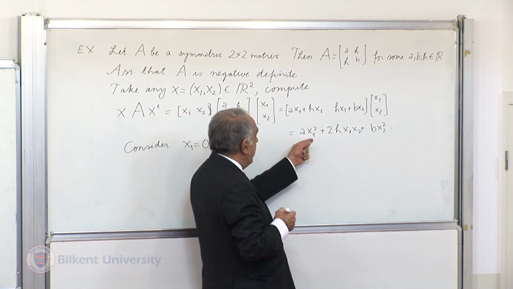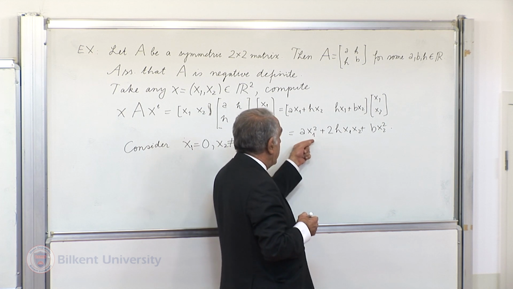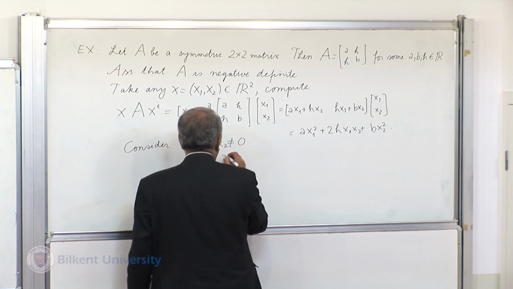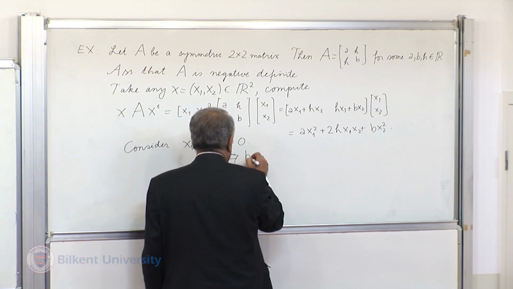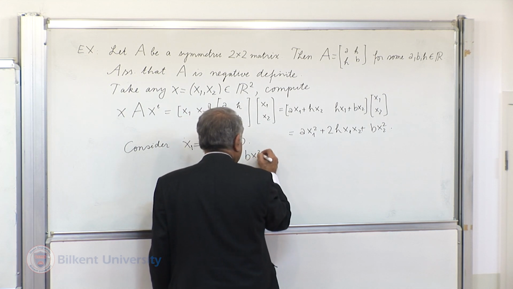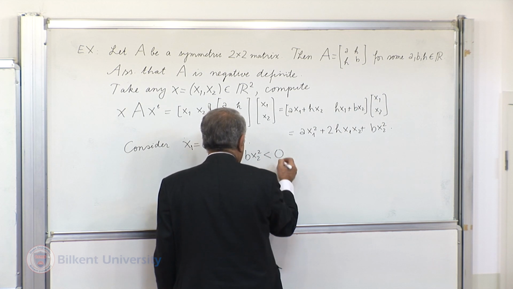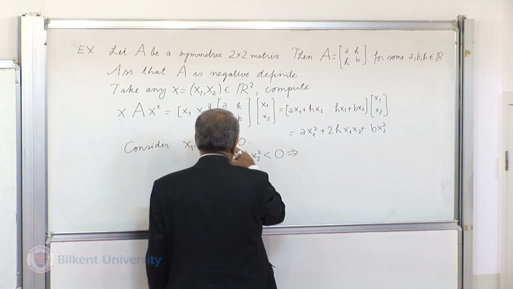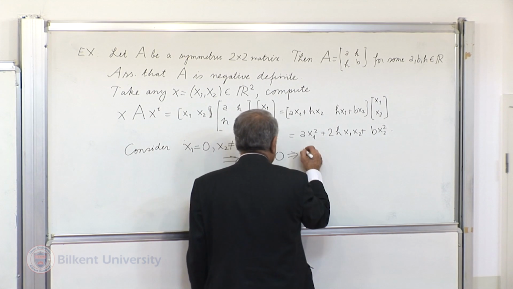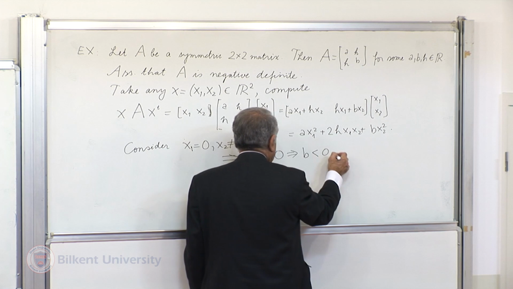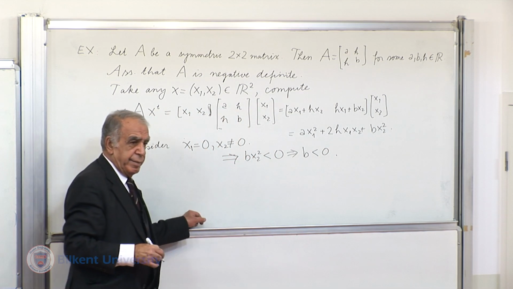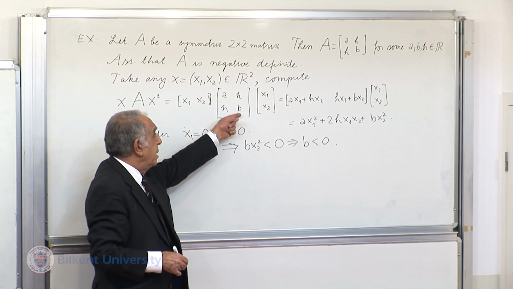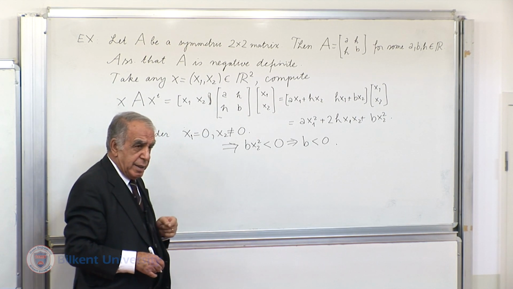But as x1 is 0, these terms will vanish. This will imply that b x2 squared is less than 0. But since x2 squared is positive, x2 being different than 0, b is less than 0. So if A is negative definite, then b must be less than 0.